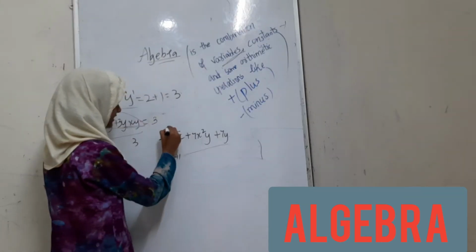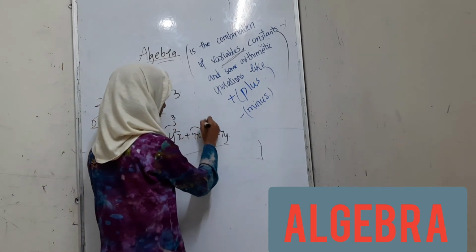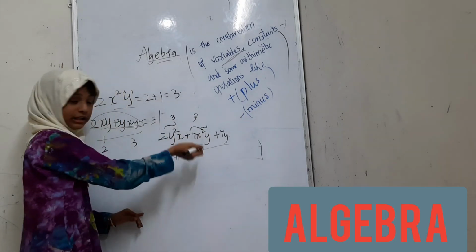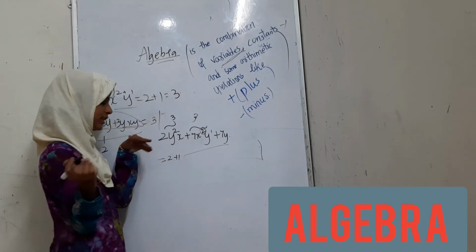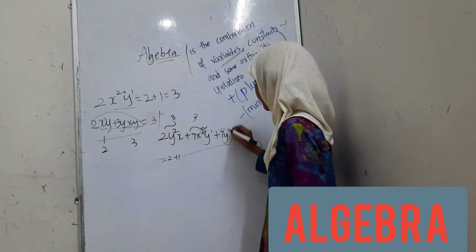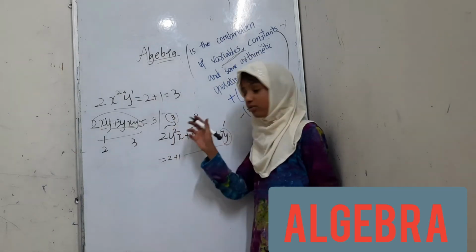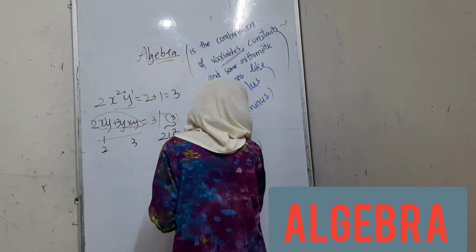So the degree of this term is 3 and this one is also 3, because we have a square on x and no power on the other, so we must consider it 1. And this term has degree 1. The highest degree is 3, because two terms have the same degree, so it should be considered as 3.